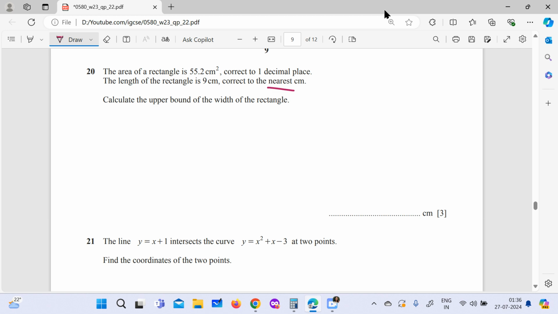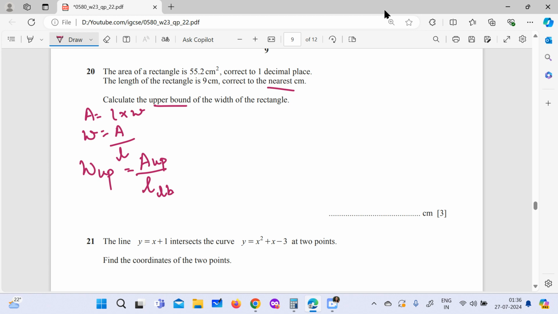So area is length into width. To find the width, it will be area over length. Now you have to calculate the upper bound of the width. Since this is the upper bound of the width, you will find the upper bound of the area over the lower bound of the length.